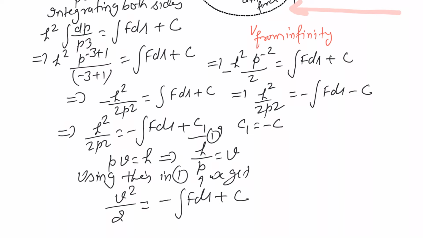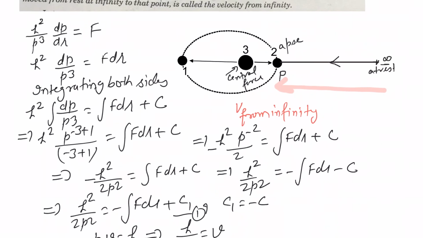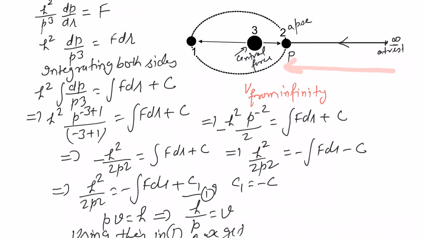When the particle is coming from infinity to some particular point P, say at distance a, the particle is coming from infinity to a.